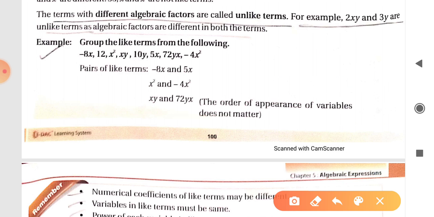So xy and 72yx are like terms because their algebraic factors are the same. Then next is 10y. There is no term that includes only y. So these are the pairs of like terms.